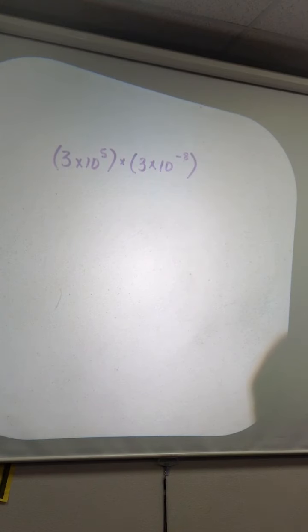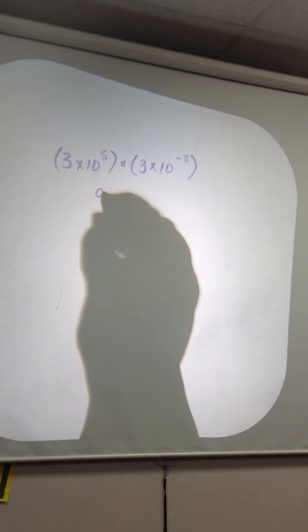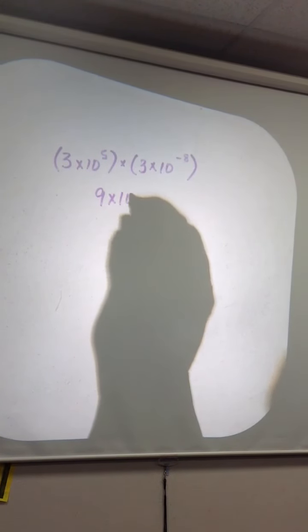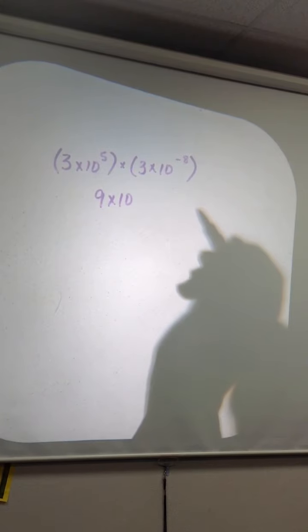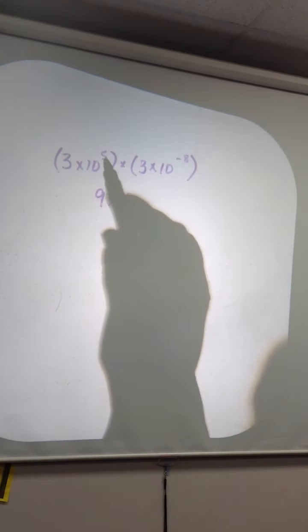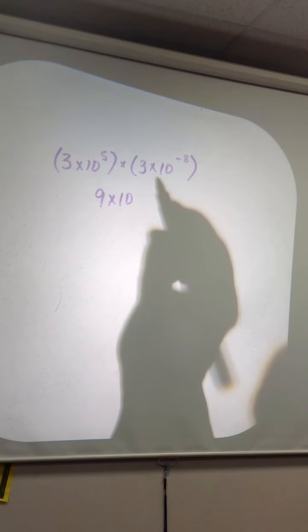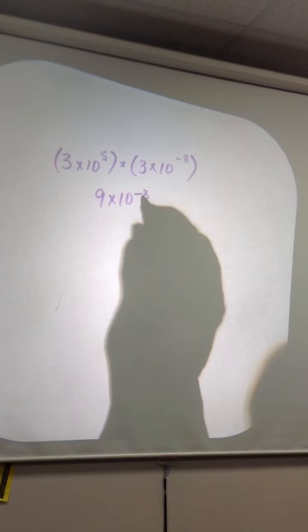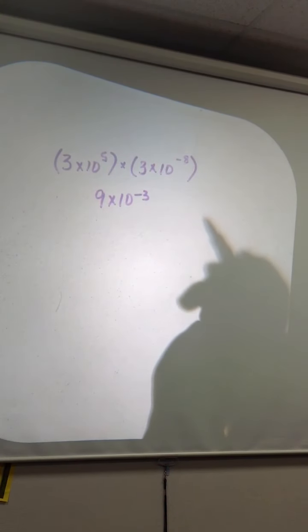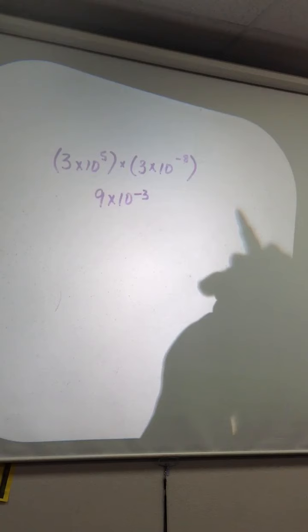Okay, so now the first thing you do is multiply the numbers. What are you going to get? You all should know what 3 times 3 is. 9, okay? So we're going to have 9 times 10. Now then, to determine what it's going to be, we have to add the exponents. 5 and negative 8 is how much? Negative 3. And in this case, we're already there because it's a negative exponent.